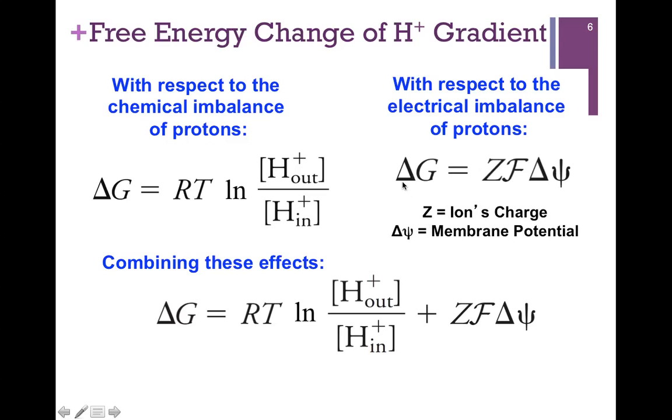In that case, that aspect is simply delta G is equal to ZF delta psi. In other words, it's directly related to that membrane potential associated with the difference in charge. So if we combine those two together, we can see there are two aspects of this proton gradient. One having to do with the chemical imbalance due to the concentration difference, and one having to do with the charge difference.